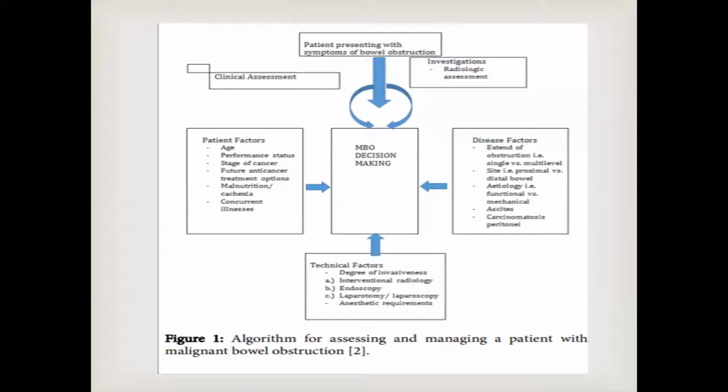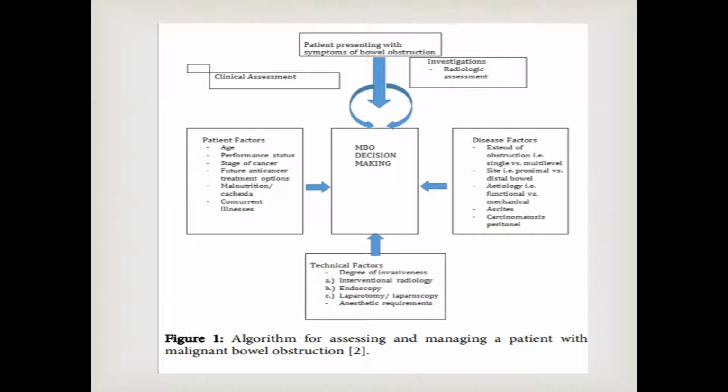And also look at the nutritional status of the patient. Some of them might be very cachexic, and also the other comorbidities that the patient is having. Also, other disease factors, such as the extent of obstruction, say whether it is a single obstruction or a multi-level obstruction. It is actually difficult to think of a surgery when there are multi-level obstructions.